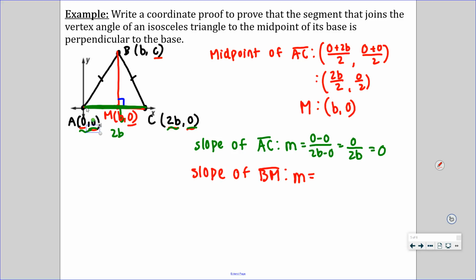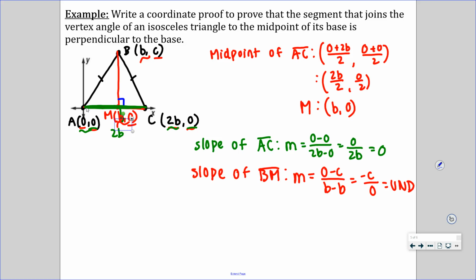All right. Change in y, 0 minus c, all over change in x, b minus b. I get negative c over 0. Uh-oh, what does that mean? Undefined. Thank you, Matthew. Undefined. So though it's not as easy to see these opposite reciprocals, we know that horizontal and vertical lines are perpendicular to each other.